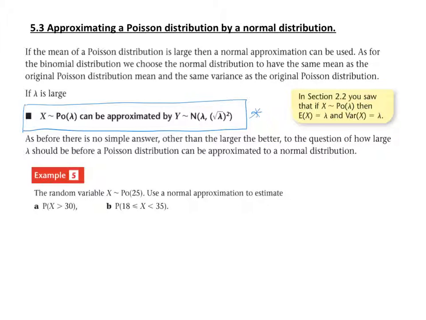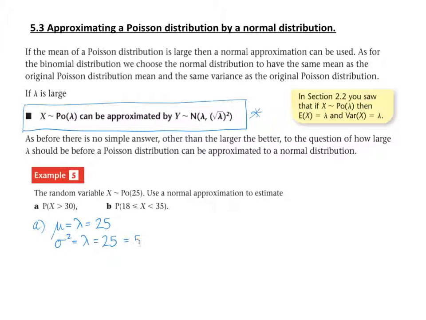So let's look at example 5 then. The random variable x follows the Poisson with lambda equals 25. So lambda is quite large there, so we can actually use a normal approximation. For part A, lambda is equal to mu, which is 25 from the Poisson, and sigma squared is also equal to lambda, which is 25.